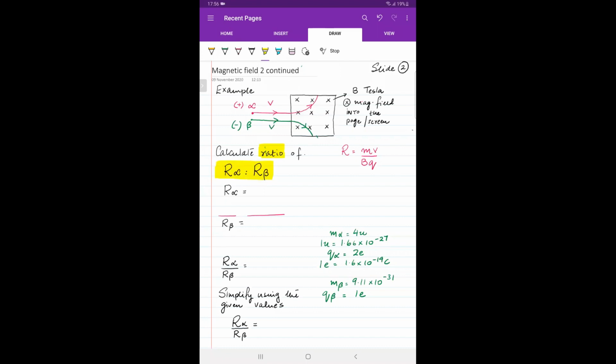The reason why I'm interested in calculating this ratio is कि अगर ये ratio 1:1 आता है, तब तो that would mean कि हमारा diagram बिल्कुल correct है, because 1:1 का मतलब है the curvature of alpha and the curvature of beta must both be identical, kind of similar to what the diagram is showing. तो अगर ratio 1:1 आता है, which means they both have the same radius, so they must both deflect by the same amount as well.